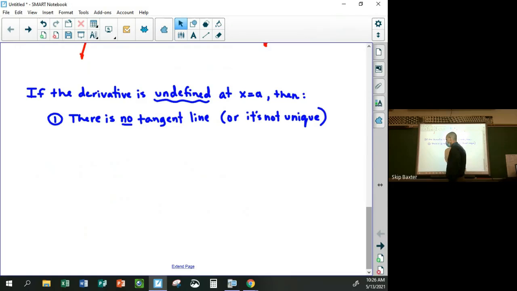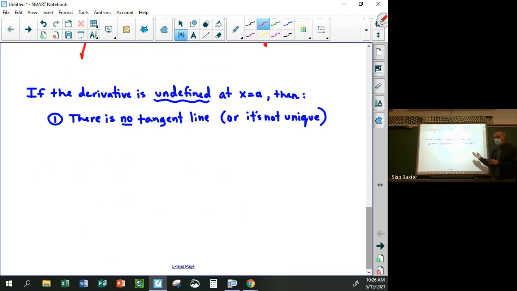So in other words, if you think about all the different scenarios where this might occur, one possibility is maybe the function has a corner, right? Like a sharp corner. It's not nice and smooth, but it has corners. Like, for example, the absolute value function. If you look at the absolute value function, it's V-shaped, right?